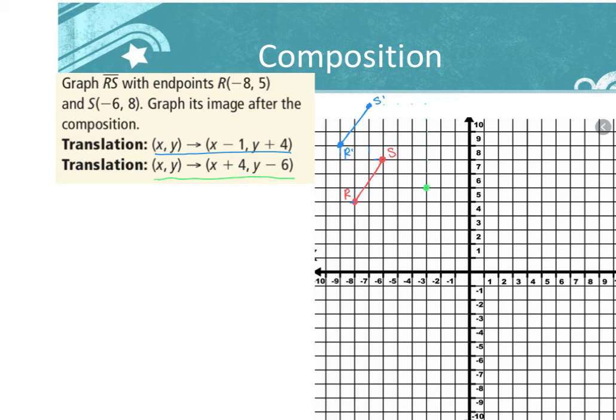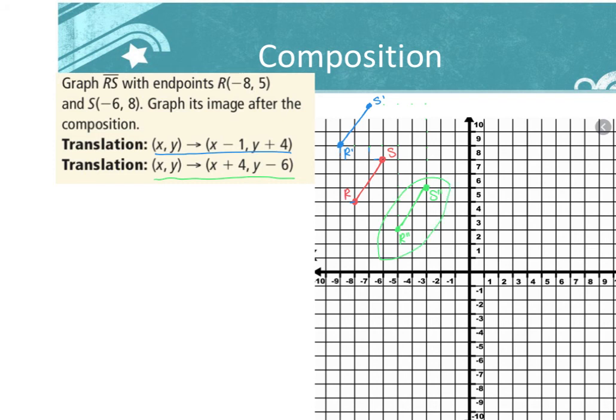This is what we call S double prime, okay? And R is also going to move 4 to the right, 1, 2, 3, 4, and down 6, 1, 2, 3, 4, 5, 6. This will be R double prime. So S double prime and R double prime. That's it. This is our final image. Okay?